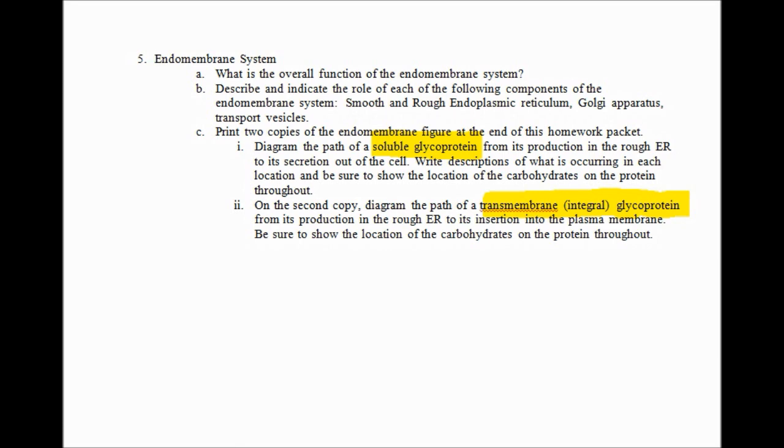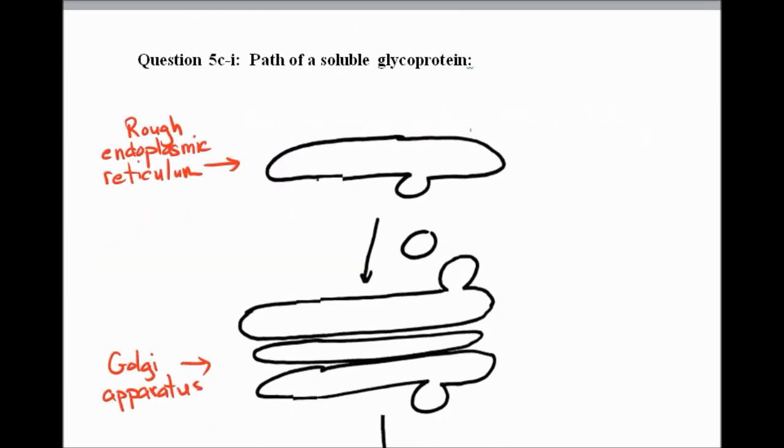Okay, so let's first take a look at the path of a soluble glycoprotein. The glycoprotein first has to be produced, and a glycoprotein is produced in the rough endoplasmic reticulum. It is made by ribosomes, which are bound to the endoplasmic reticulum, and that's why it is called rough.